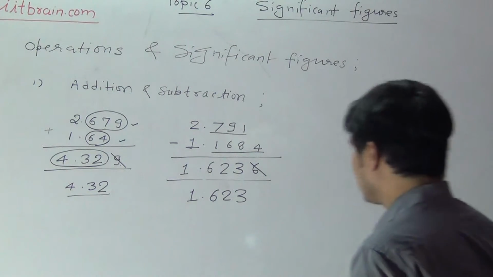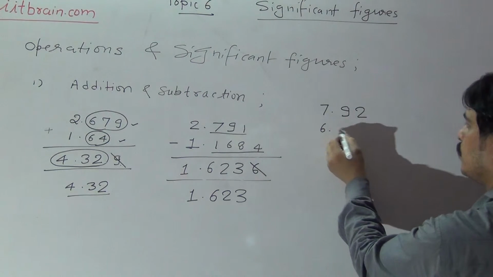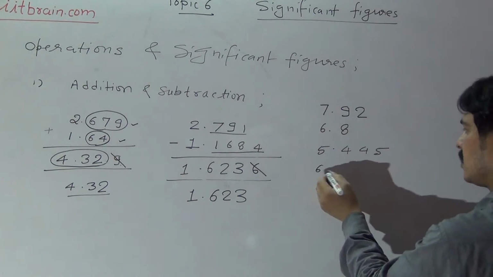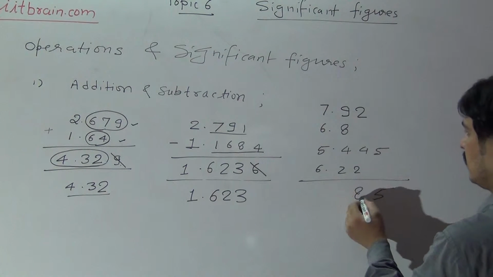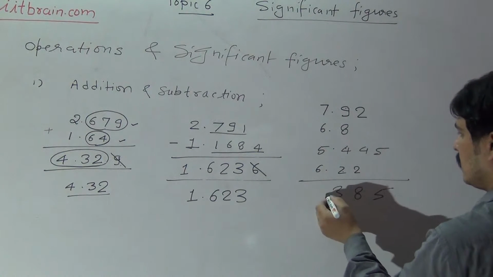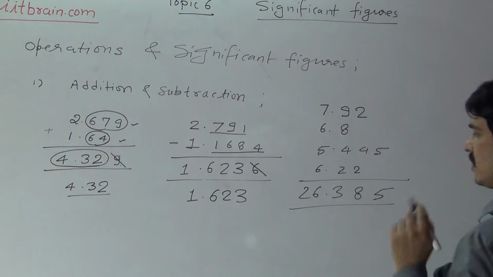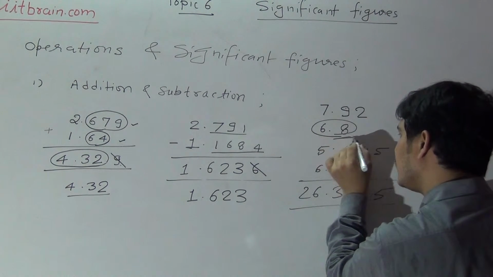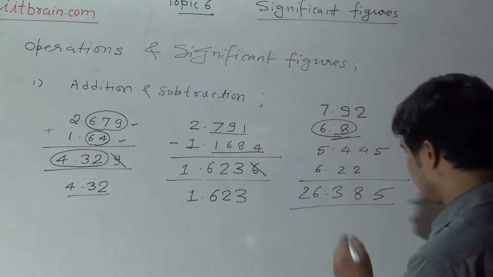If you are adding more than 2 numbers, like the question is 9.72, 6.8, 5.445 and 6.22, then by summing these we will get 26.385, and since the second number contains only 1 place after decimal, the answer will be significant only up to 1 place after decimal.